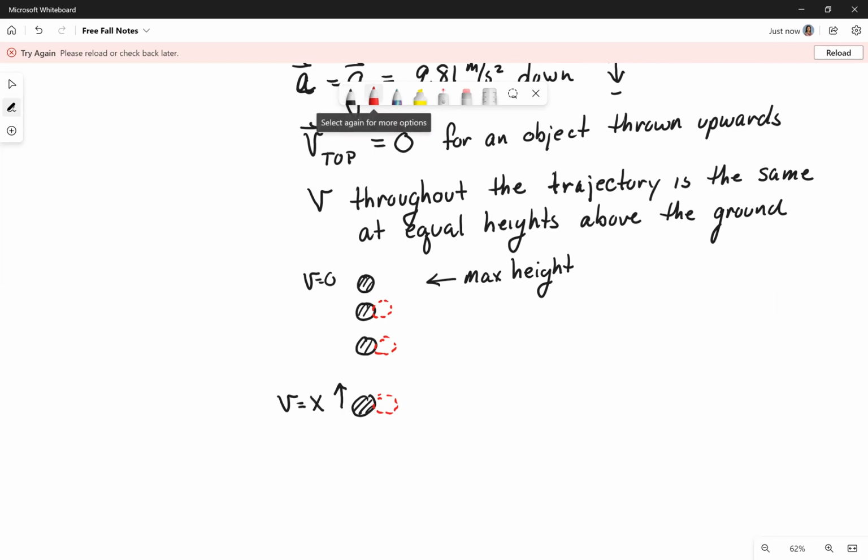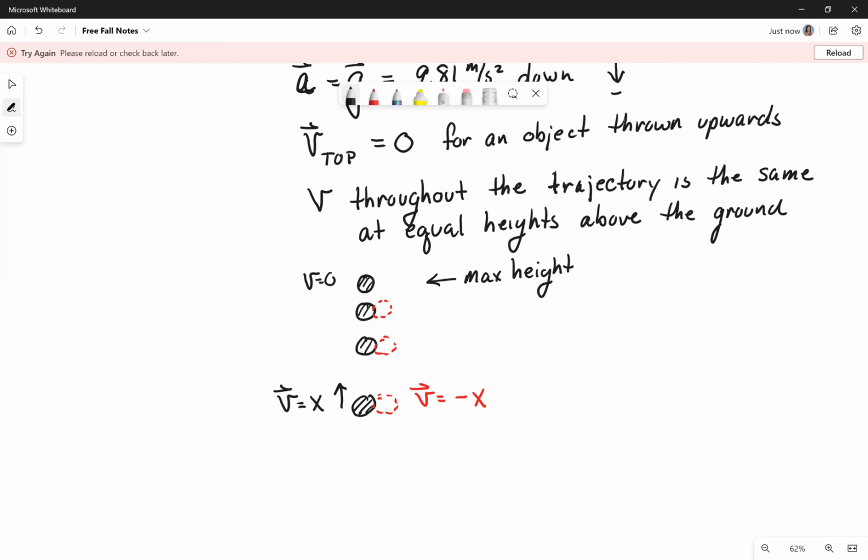On this side, your velocity is going to equal negative x. So it's just going to be in the opposite direction, but have the same value, no matter where you are in the path. So this is your maximum height, and the velocity is the same on each side, just going in opposite directions. Notice I didn't put my vector quantity here because it's really describing the speed and the direction for velocity, which is the opposite. One's going up and one's going down.